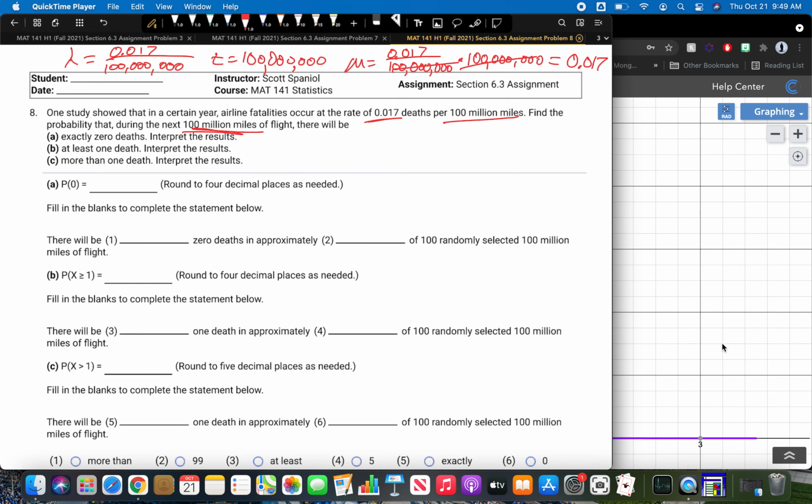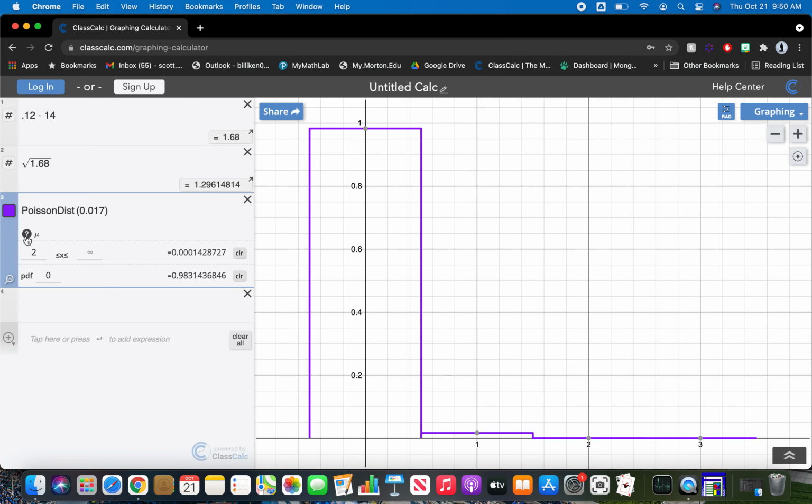So what's the probability of exactly 0 deaths? So PDF of 0, we already have in from the last problem, is 0.9831. So there's a very high probability that there will be no deaths. What we calculate here is exactly 0 deaths in approximately, that's where the approximate comes in.